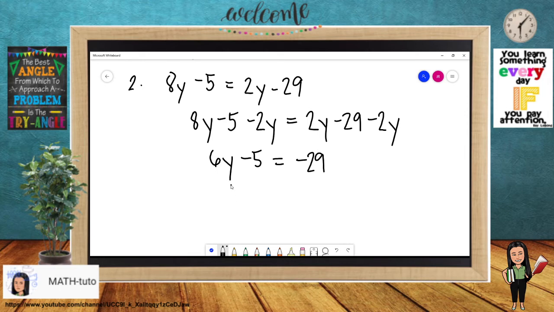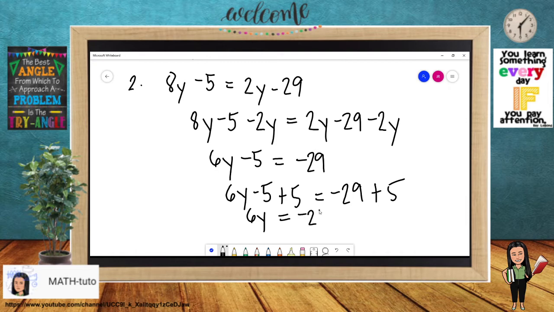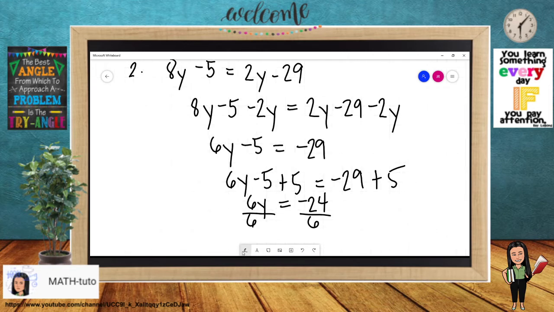So, this is now 6y minus 5 plus 5 is equal to negative 29 plus 5. This is 6y equal to negative 24. So, we divide both sides by 6. y is negative 4.